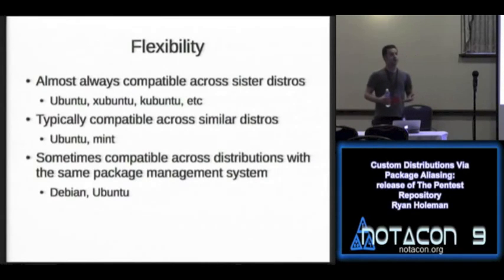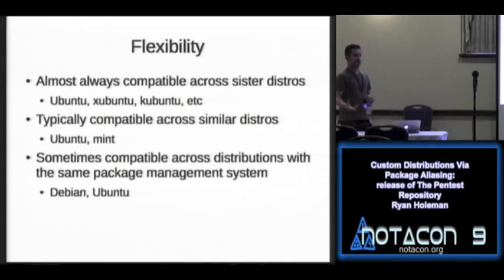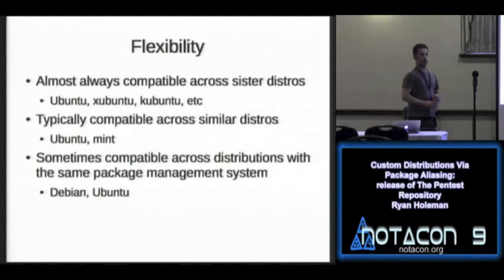These packages are typically compatible across similar distributions, right? So if I took an Ubuntu package I made and tried to install it on Mint, which ends up using the same backend remote repository, we're going to end up getting the same thing accomplished, right? Because its remote repositories have all of the same names that we're aliasing.